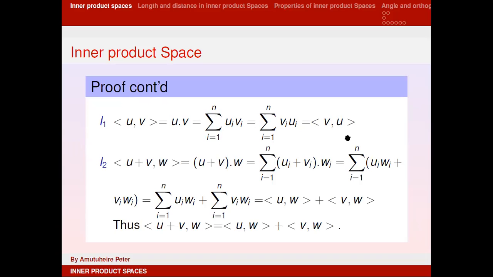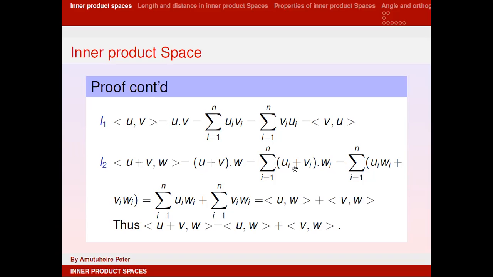Next, I check I2, the second property, which is the additivity property. I take the inner product of u plus v and w. From the definition, this is u plus v then dot w. And then again from the definition, this is the same as the sum, like this. And again, here we can open brackets.